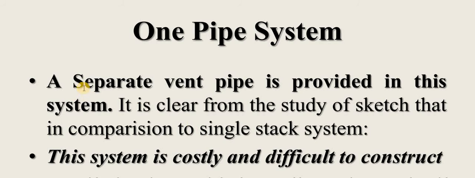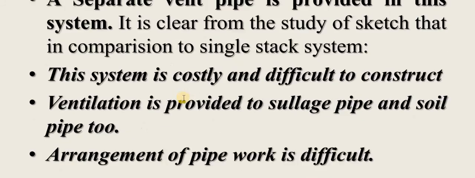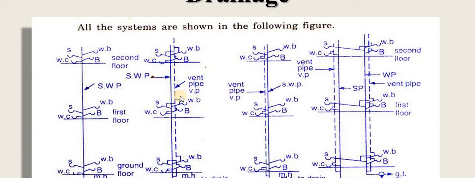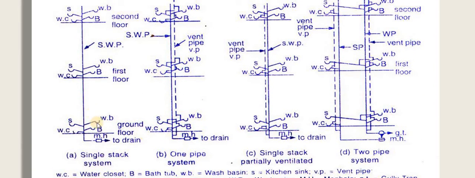A proper separate vent pipe is provided, shown by the dotted line, and this is the actual single pipe which it is connected to. This vent pipe is connected to the pipe which is creating foul gases. So this is the one pipe system.